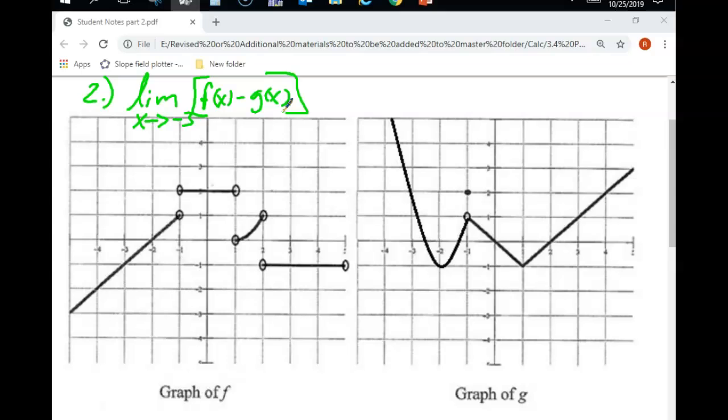So what's the limit of f of x as x approaches -3? And what is the limit of g of x as x approaches -3? I would say it's right about there, 2. So we have -1 take away 2, which is -3.